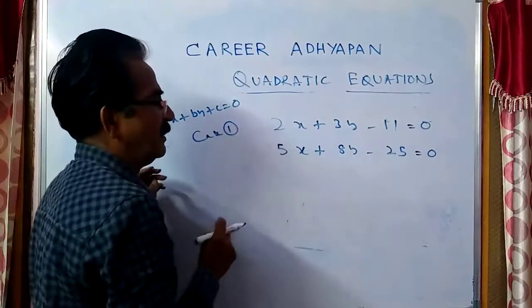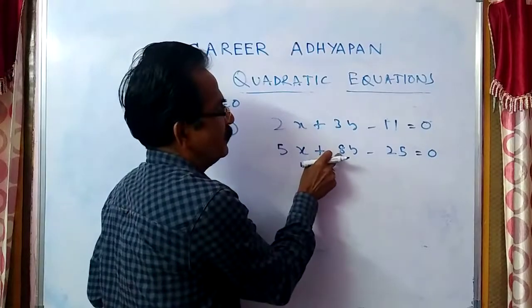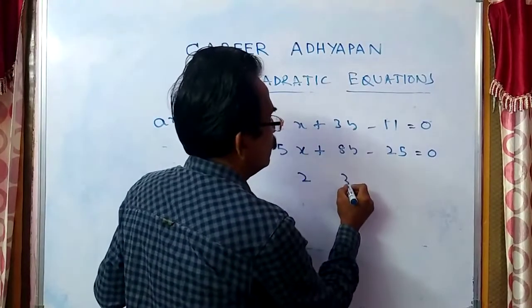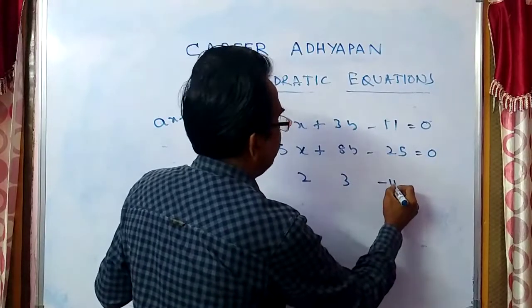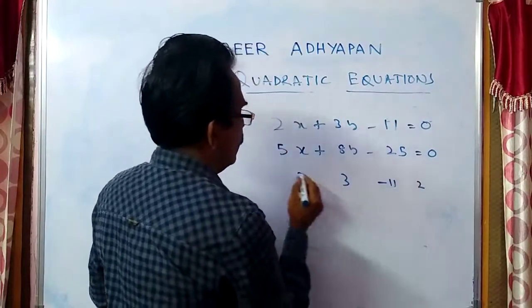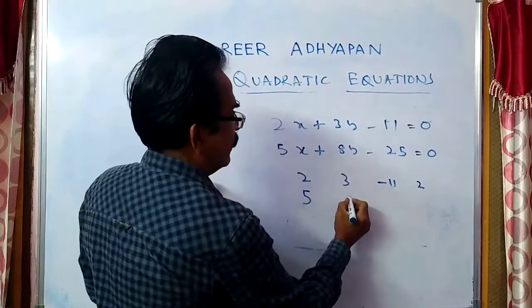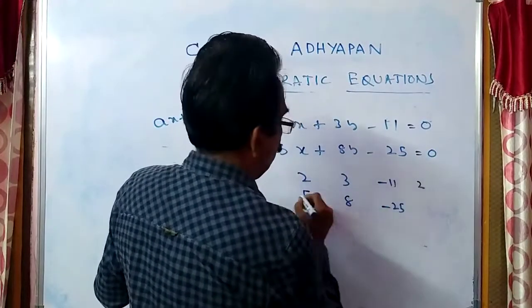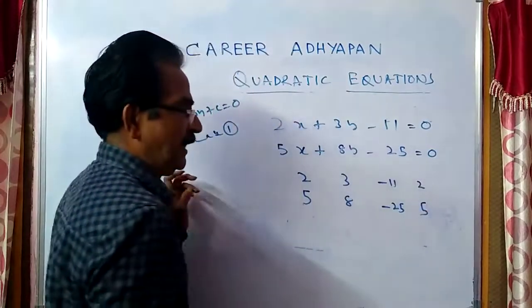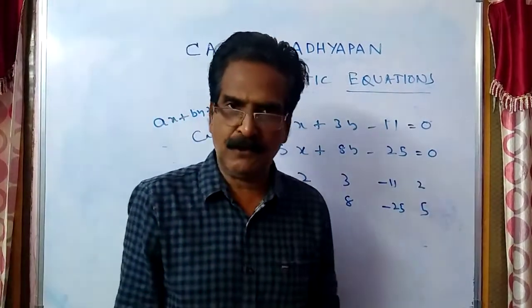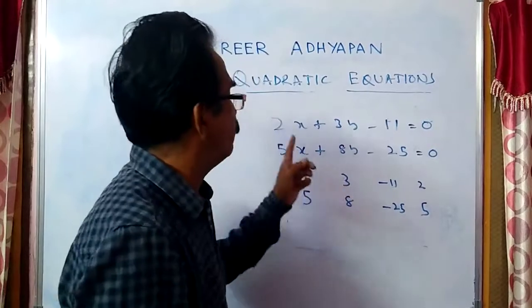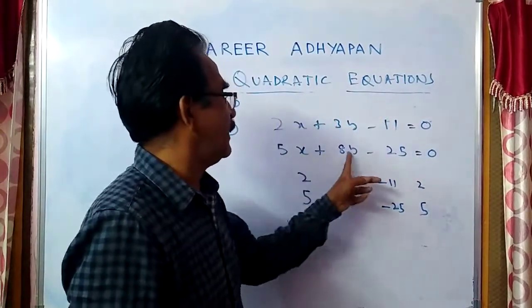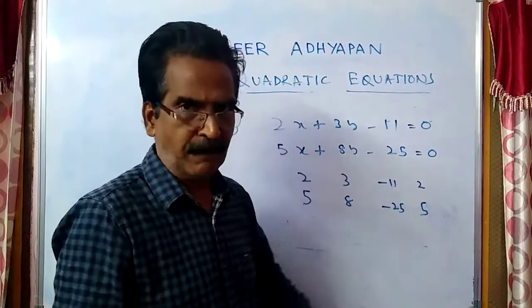First you have to write these values, the coefficients: 2, 3, minus 11, again 2; 5, 8, minus 25, again 5.